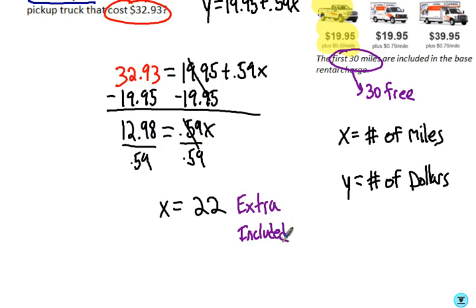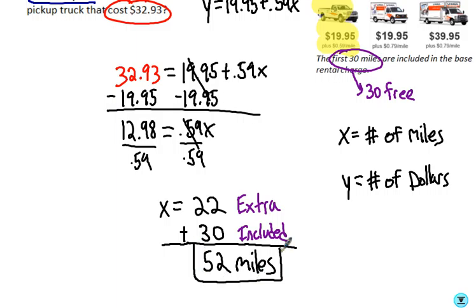So if we wanted to know how many total miles our trip was, well, that means our total trip would have been 52 miles. So when we were solving for x, we were just solving for the number of miles that we went over, or that we had to pay extra for. But if we want to know how many miles we traveled on the trip, we have to include those miles that we got for free. So 52 miles would be the total.